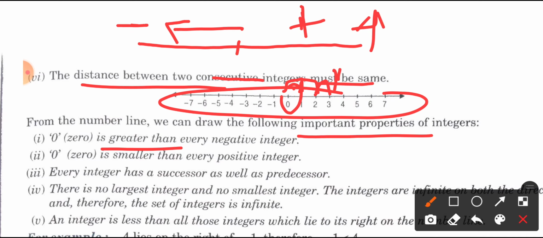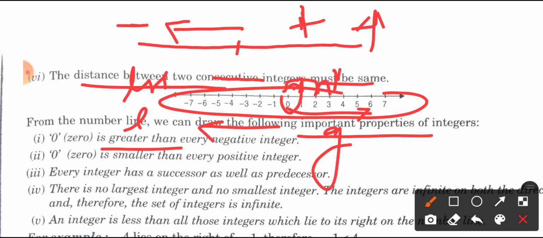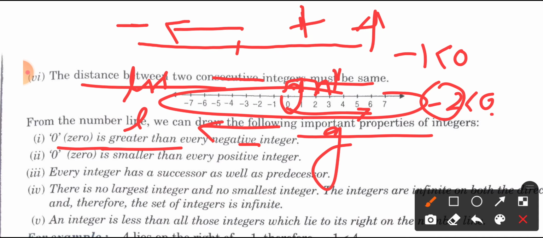So the numbers on the right-hand side are always greater than 0, but the numbers on the left side are less than 0. So 0 is greater than every negative integer. It means minus 1 is less than 0, minus 2 is also less than 0. So you can say that negative numbers are always less than 0. 0 is smaller than every positive integer.